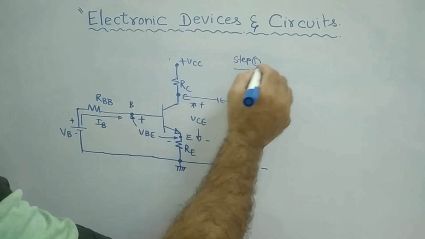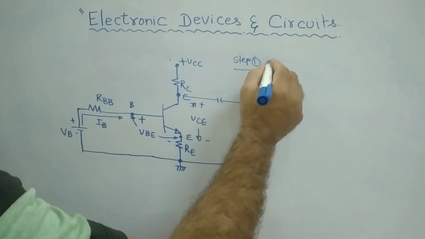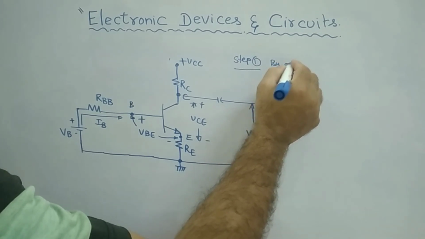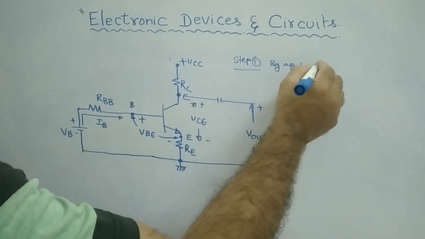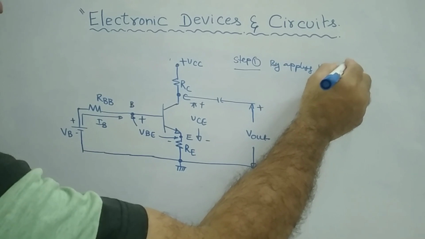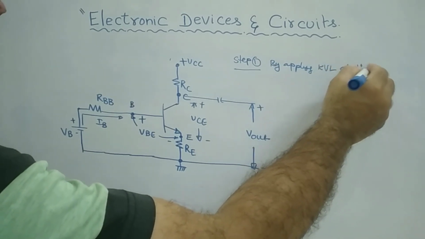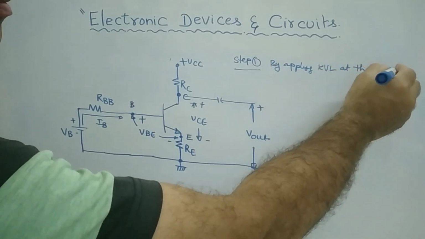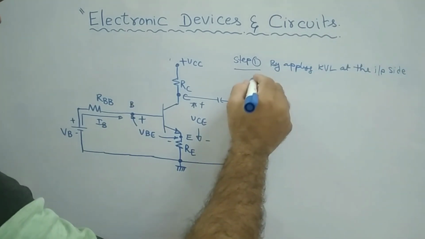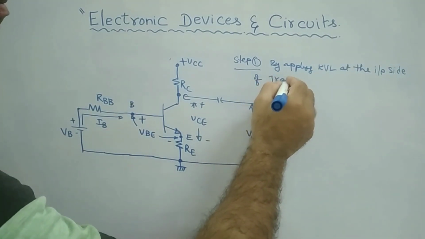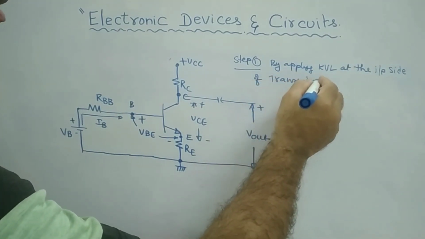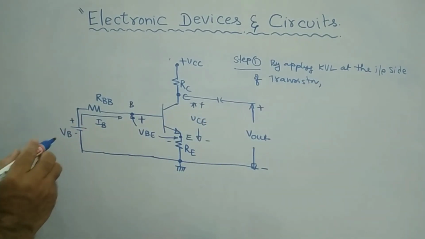By applying KVL at the input side of the transistor, what will you get from this? Tell me.